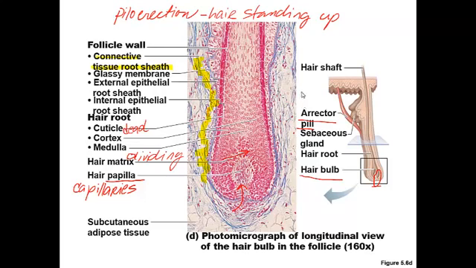The erector pili muscle is commonly thought of as our goosebump muscle. It's the muscle that is going to automatically stand up if we're frightened, so it's commonly called the hair-raising muscle. It's also going to stand up if we get cold. We remember this much more quickly when we think about a cat. As soon as a cat gets scared, its hair is going to stand straight up because of its erector pili muscles.